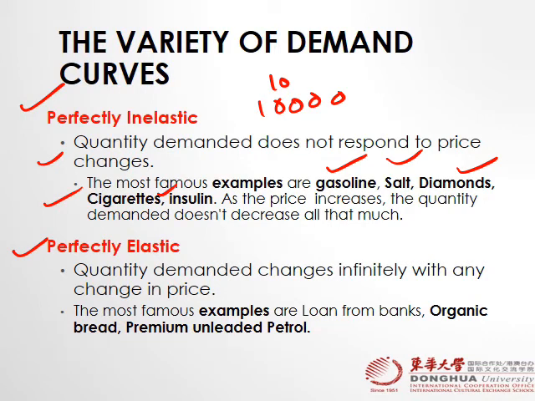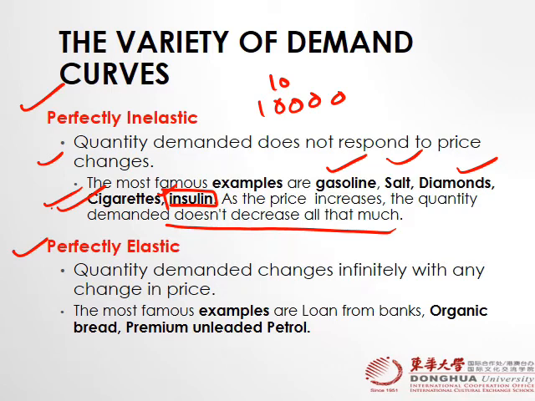As the price increases, the quantity demanded does not decrease all that much. People who have diabetes still have to buy insulin, so an increase in the price of insulin may not hurt the demand for insulin. An increase in the price of cigarettes may not hurt chain smokers greatly. Similarly, that definition goes for salt, diamonds, and gasoline as well.